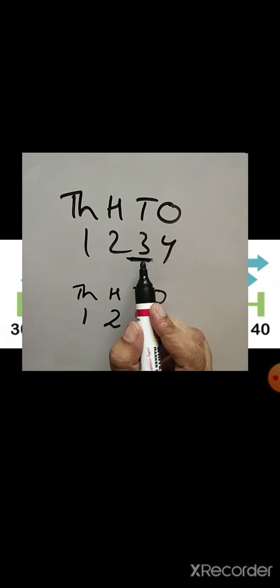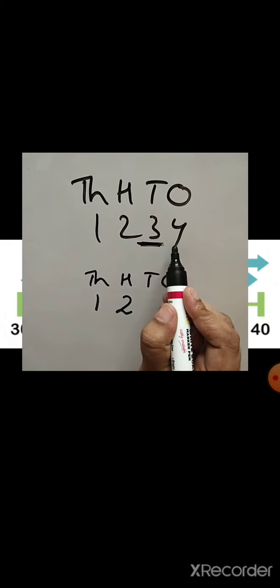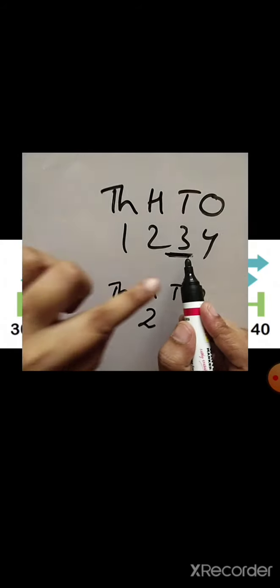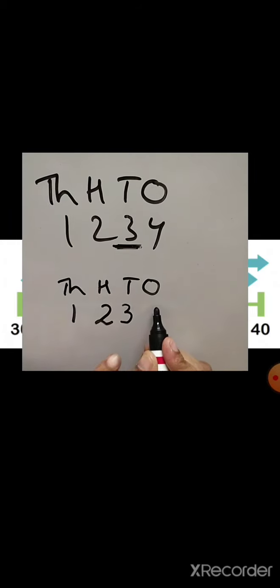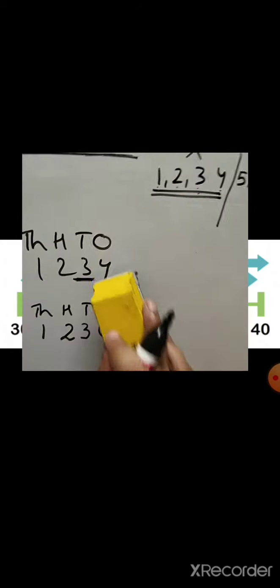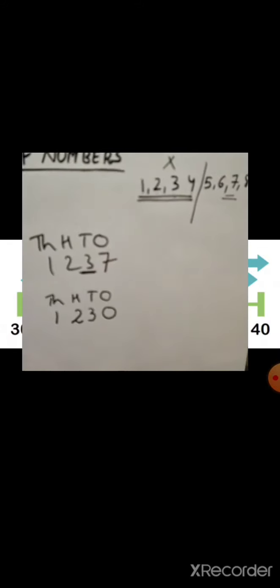No, 3 will not change because the number at 1's position is 4. If the number at 1's position is 1, 2, 3 and 4, 10's position will not change. So this will remain 3 only and this will become 0. Understood? And if at 1's place 7 is there, then what will happen?